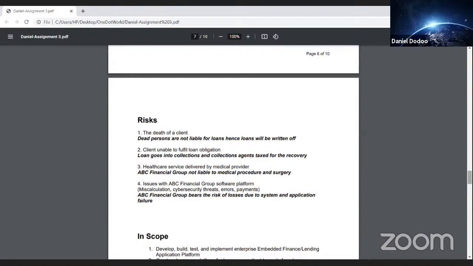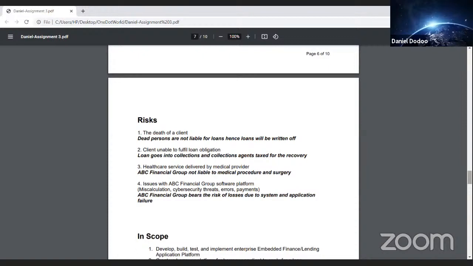Once this occurs, the loan goes into collections and collection agents are tasked with the recovery of that loan. Also, once you're unable to fulfill that loan obligation, that's likely to affect your credit score. So in future loan applications, unfortunately, you won't be able to meet the required credit score.